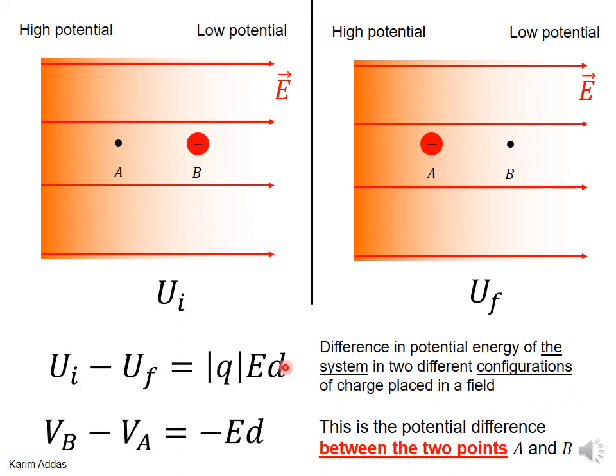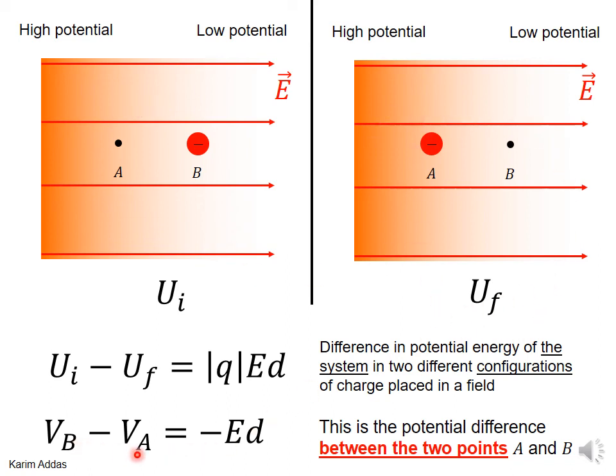The minus and minus cancel, and you get, as we expected, that U initial minus U final is a positive number, which means U initial is a large value, larger than U final. So this configuration is a configuration of high potential energy. This configuration is a configuration of low potential energy.